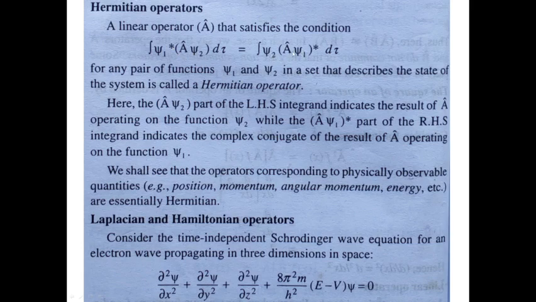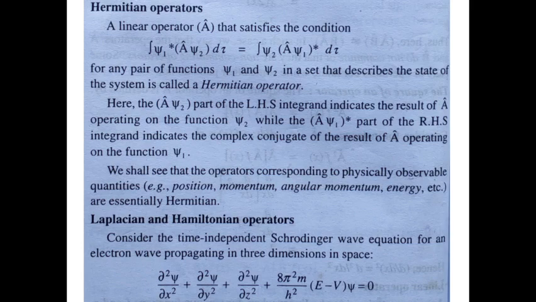So this represents the state of the system, or the probability of the electron around the nucleus. We shall see that the operators corresponding to physically observable quantities, position, momentum, angular momentum, energy, etc., all these operators in quantum mechanics are essentially Hermitian.